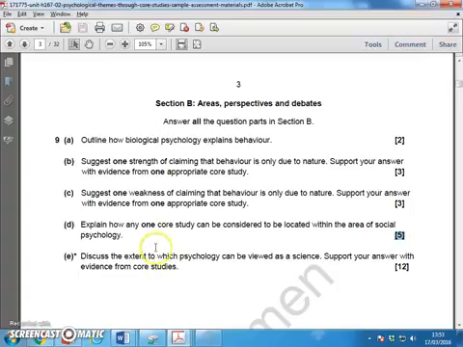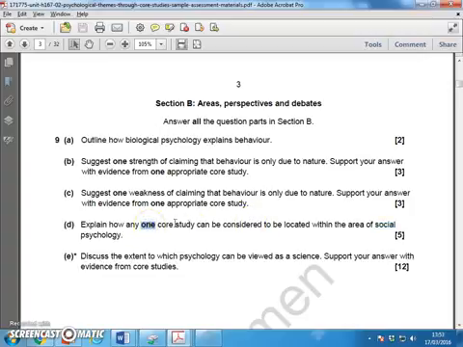You're looking to describe for at least 2 or 3 marks the one core study, but you want to relate it to the area of social, or to the debate of situational, or whatever it is that they are asking you to analyse. Okay, so describe it but link it as you go, and again, if you know your assumption keywords, you'll be able to do that.